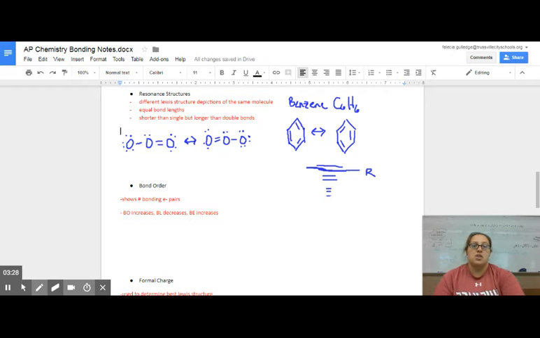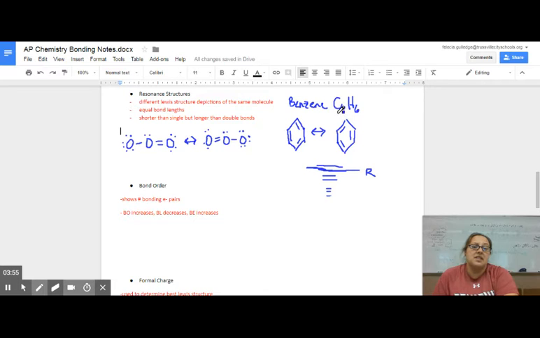One other thing that I want to show you, and this is on your Lewis structures, is benzene. It's an organic molecule. We don't get into much organic, but you need to know how to draw it effectively. It doesn't really fit the format of our Lewis structure. Instead, we draw it organically. You'll see this every now and then. They love to ask questions about benzene on AP, so I want to make sure that you know what it is.